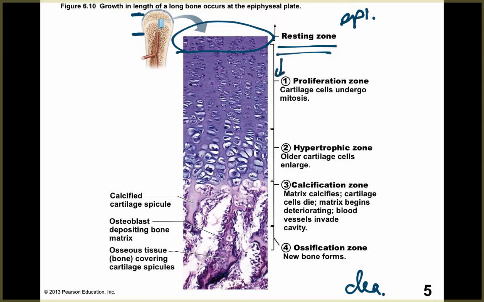As you go into this next zone, this is where the cartilage is going to start multiplying. So you can see here that you're getting a lot more of these chondrocytes being formed because they're dividing in half. Now, if you look here, do you notice how these cells, these are older cartilage cells, they're starting to get bigger and bigger.